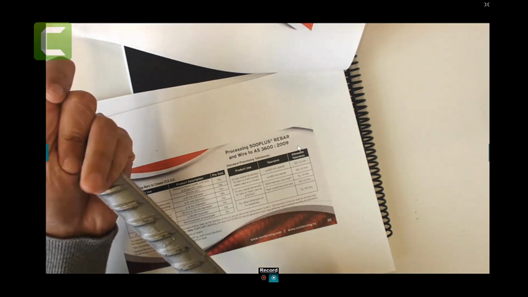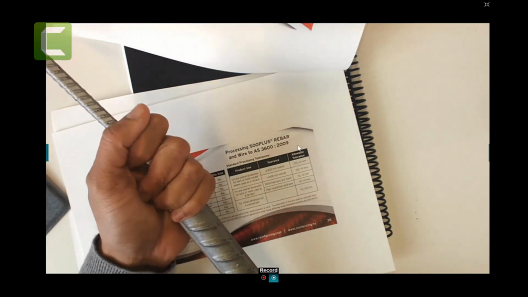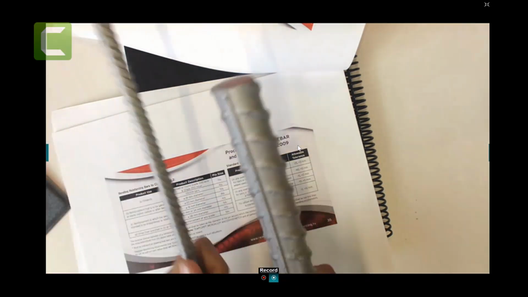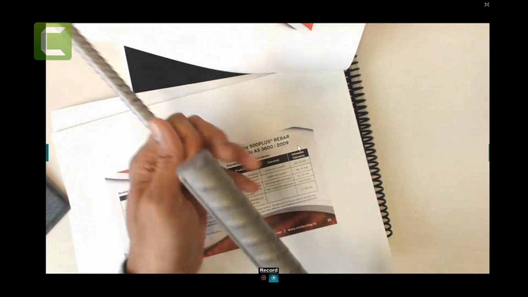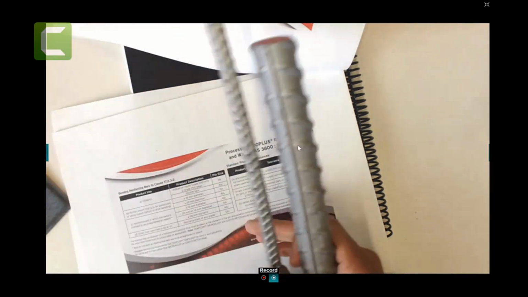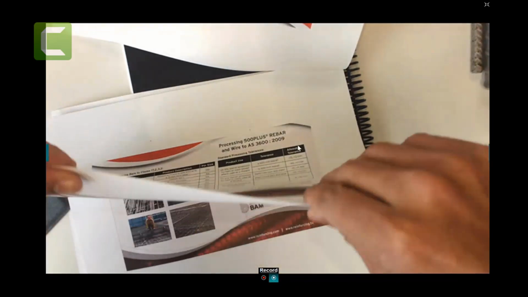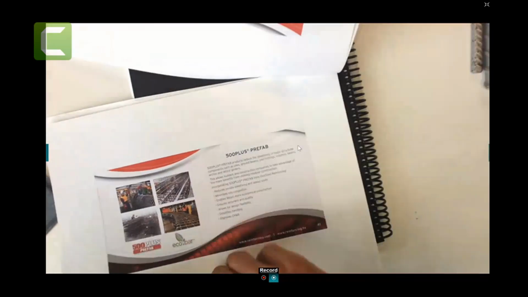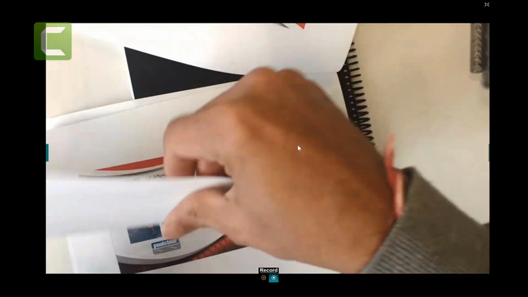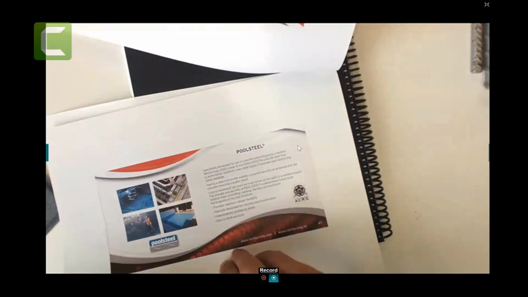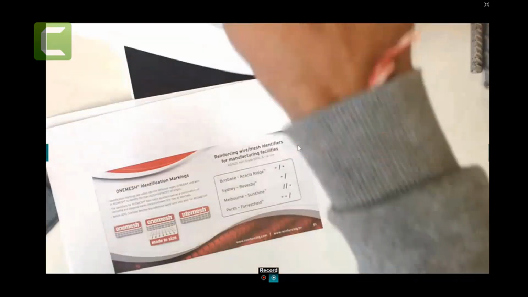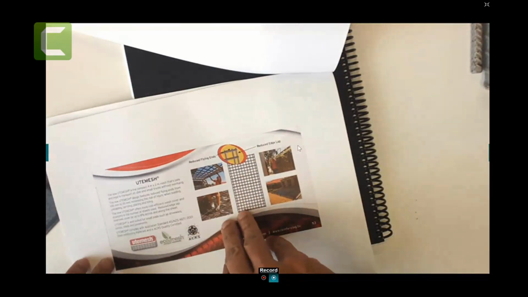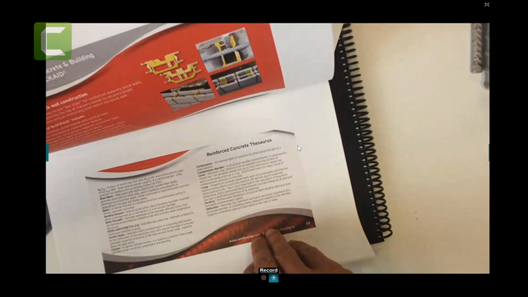Coupling meaning that it is a mechanical coupling that can couple both your bars. It's readily available in the market, so you don't need to provide the lap splice. You can just have a coupling, and the coupling is very strong. They might have a coupling, sure. Or I can find the coupling for you.